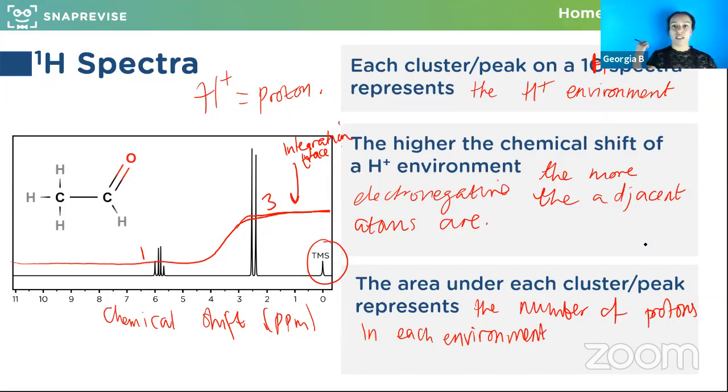And if the area underneath is hard to see by eye, you might get something called an integration trace, which shows you the ratio between the number of hydrogens in a certain environment. So in this one, there's a 1-to-3 ratio. So yeah, like 1 to 2 to 1. Yeah, exactly. So this one's a 1-to-3 ratio, so there's 1 hydrogen versus 3 hydrogens in each environment.